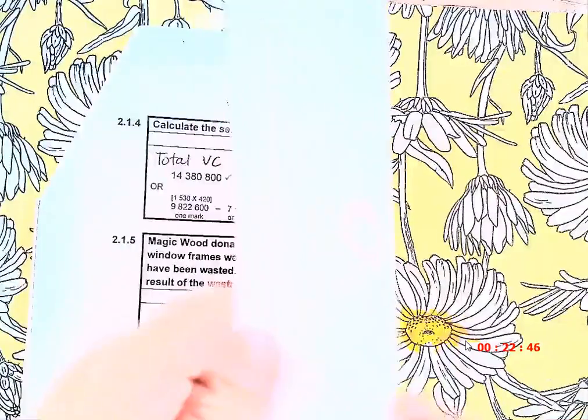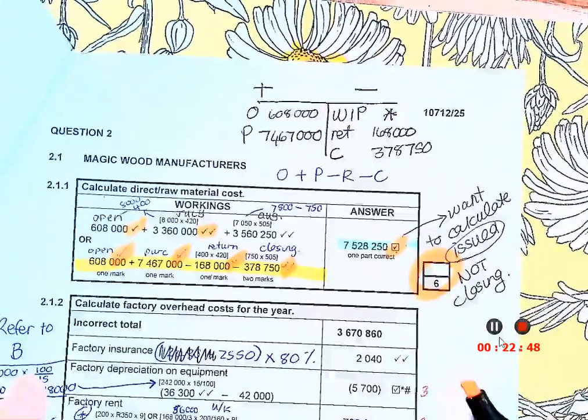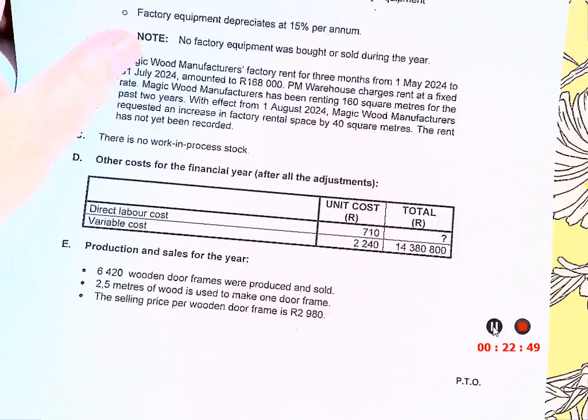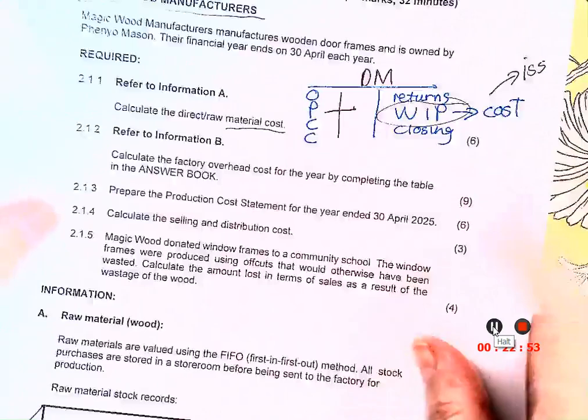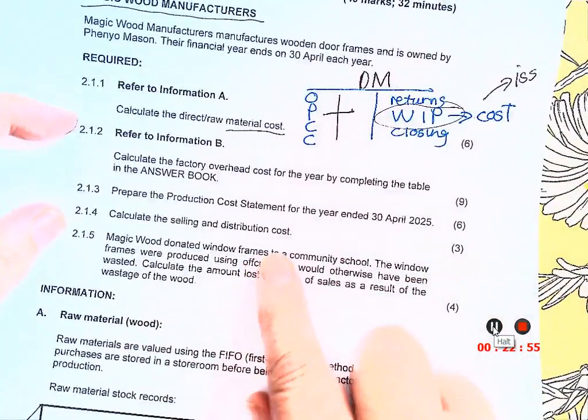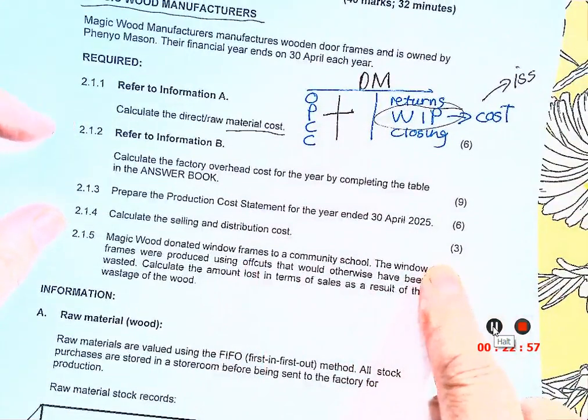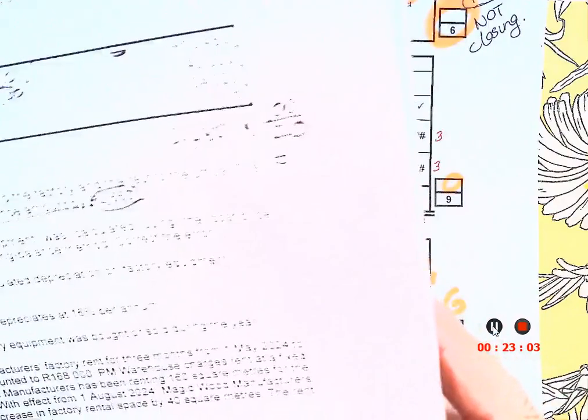So let's go to 2.1.4. Next question. They say calculate the selling and distribution costs. So what is the selling and distribution cost?